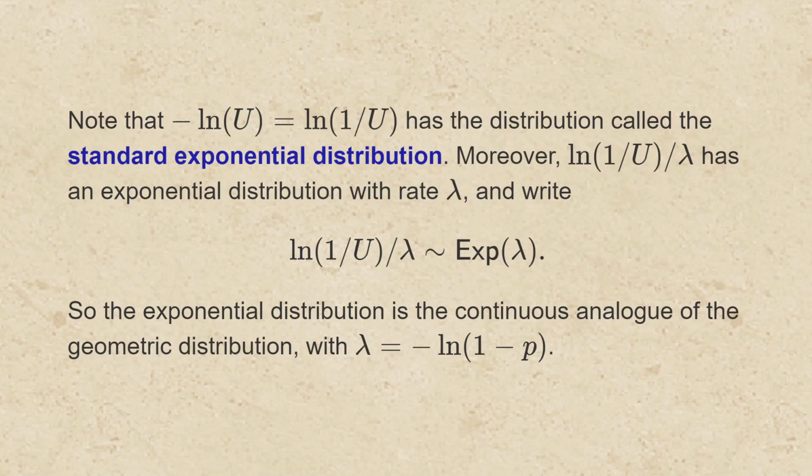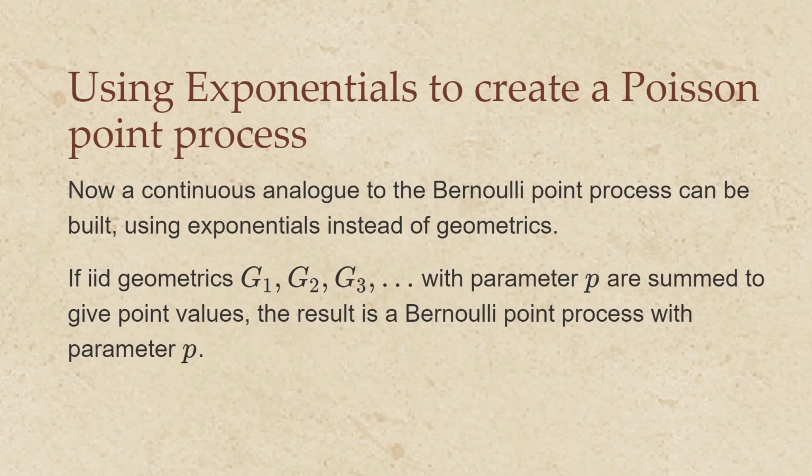So the exponential distribution is the continuous analog of the geometric distribution, with lambda equaling negative the natural log of 1 minus p. So how can we use exponentials to create a Poisson point process?